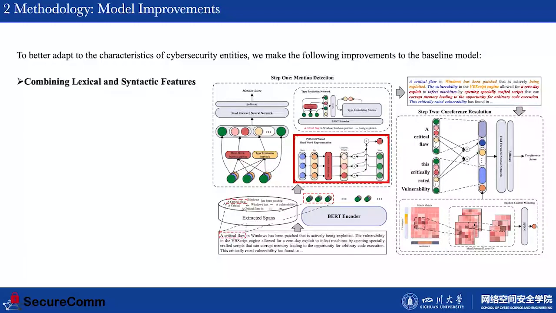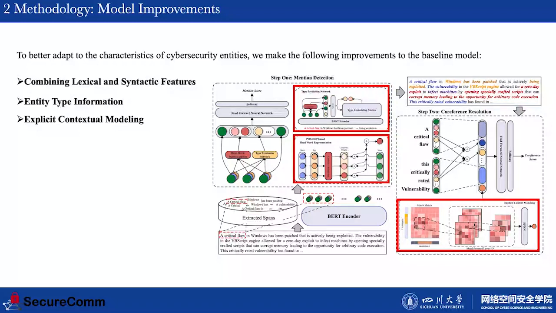First, to avoid over-reliance on the similarity of words, lexical and syntactic features are introduced in the span representation to help the model learn more general language rules and improve its generalization ability. Secondly, considering that different entity types do not share the same degree of reference matching, this work proposed an entity type prediction network to keep the model aware of entity type in both mention detection and coreference resolution steps.